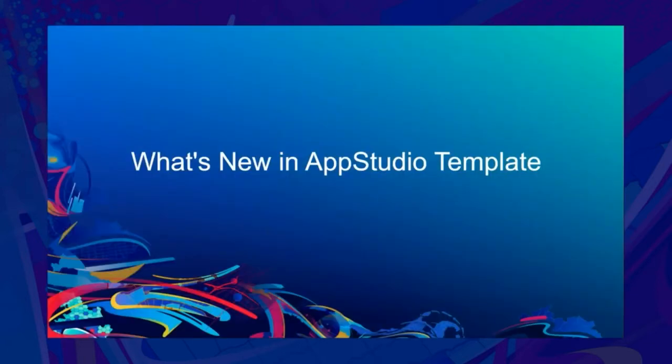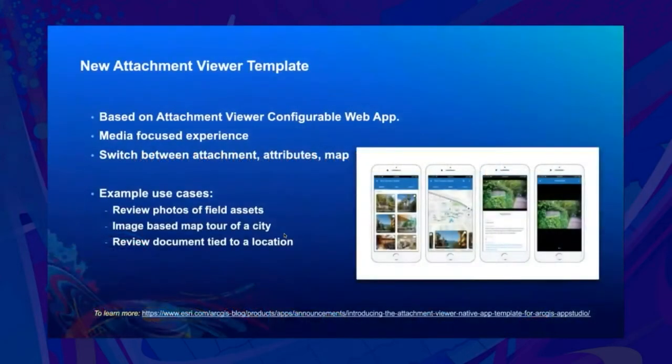Okay, let's talk about what's new in AppStudio templates. We have a brand new attachment viewer template. It is referencing an existing attachment viewer configurable web app. Many of the apps built with AppStudio put the map front and center as the primary focus of the app.